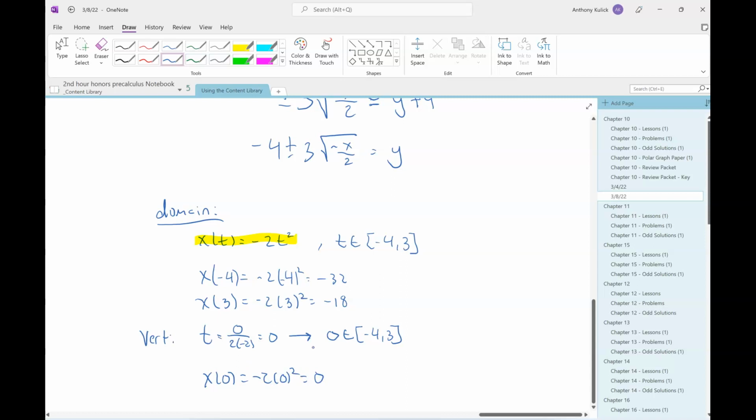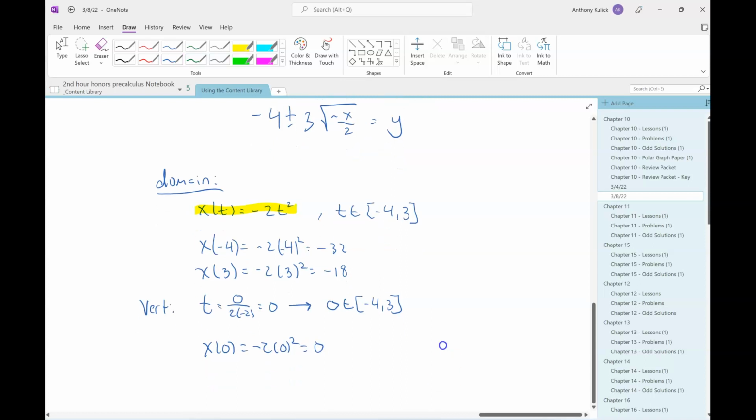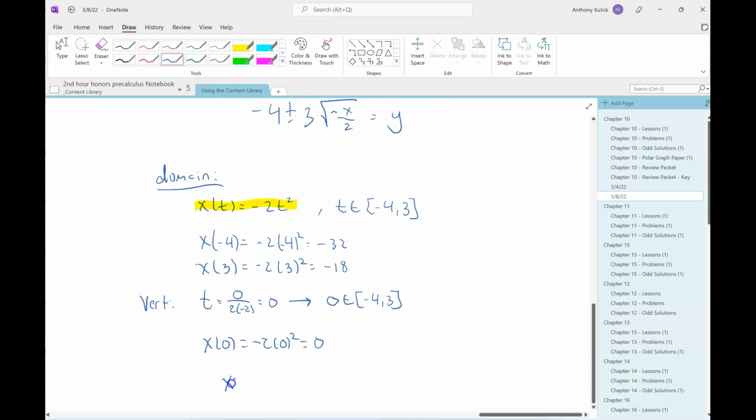So that gives me 0. So the range for the parametric function for x is going to go from the minimum of these three values, that's negative 32, to the maximum, that's 0. So that in turn gives me the domain for my Cartesian equation.